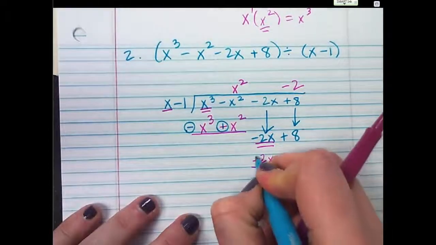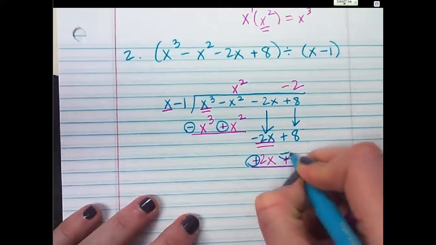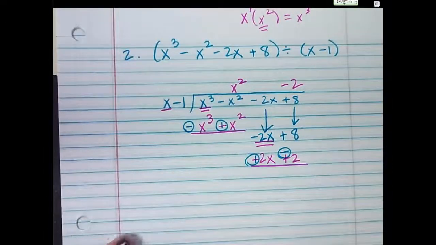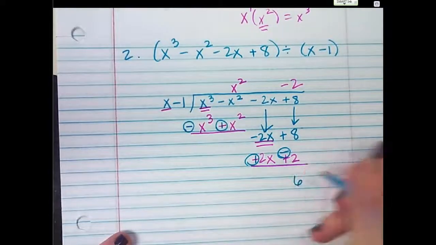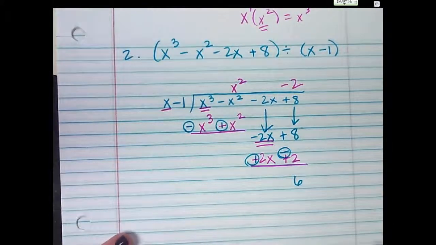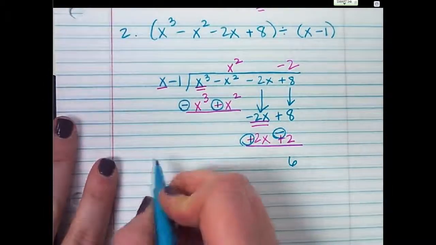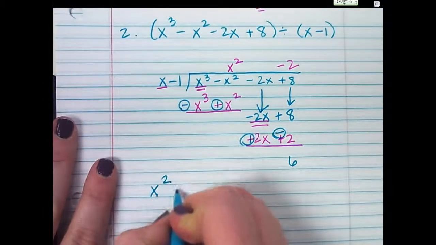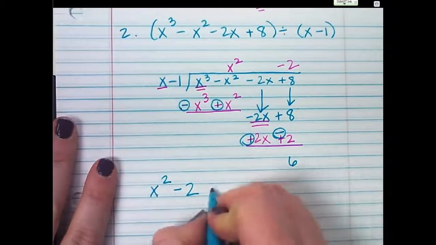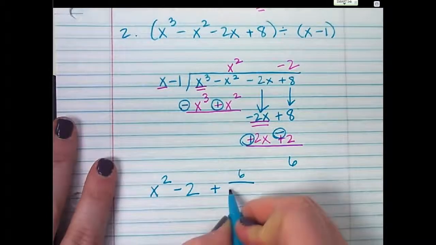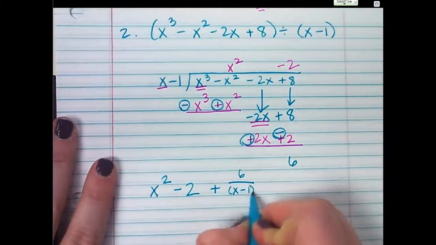So change your signs. Plus, minus. 8 minus 2 is 6. So our answer is x squared minus 2 plus, what's my little fraction over here? 6 over x minus 1.